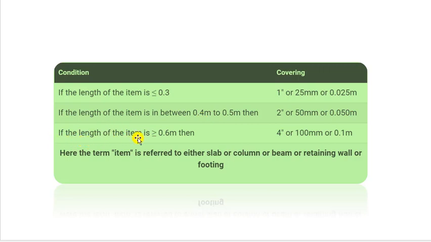If the length of the item is greater than or equal to 0.6 meter, then we need to provide 4 inches of concrete cover or 100 mm or 0.1 meters, right? So these are a few conditions which we need to keep in mind while providing the concrete cover to various components like slabs, columns, beams, retaining walls, footings, or any other RCC component.